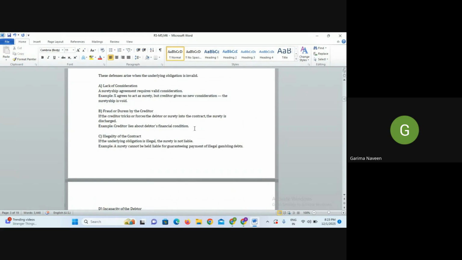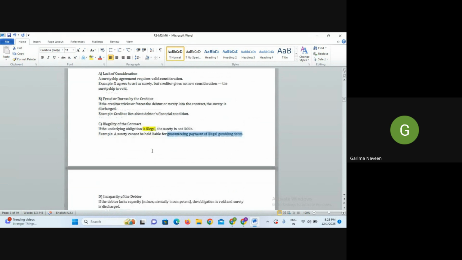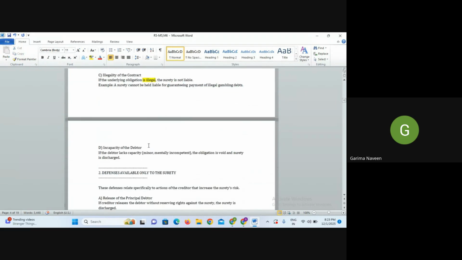Next is illegality of the contract, meaning if your underlying obligation is illegal, then the surety is not liable. Example, a surety cannot be held liable for guaranteeing payment of an illegal gambling debt. Okay. Next is incapacity of the debtor.